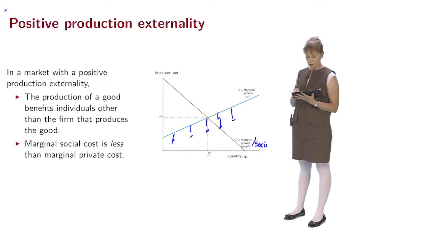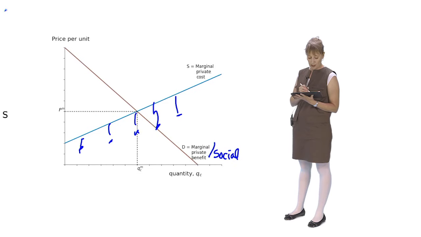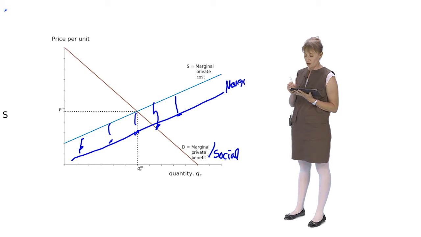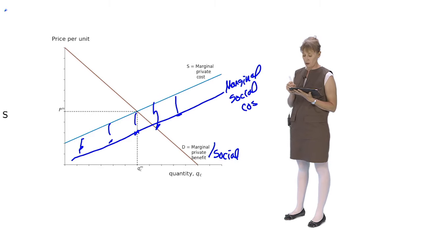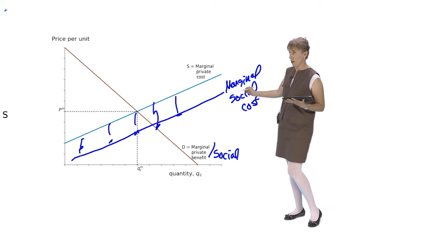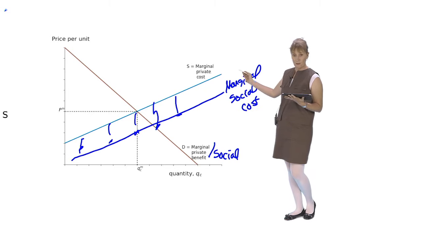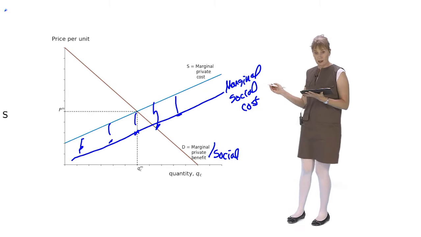So we're going to zoom in here and draw in our marginal social cost curve. These are the costs of both the honeybee producer and the orchardists.